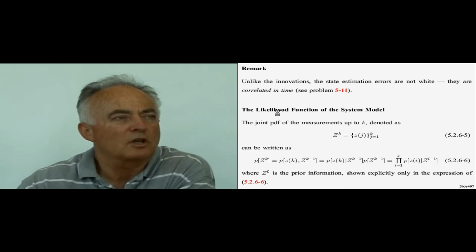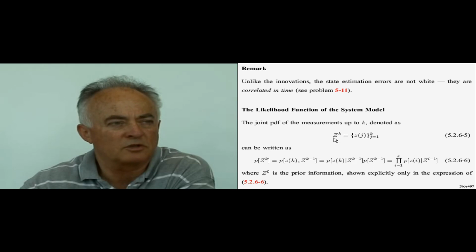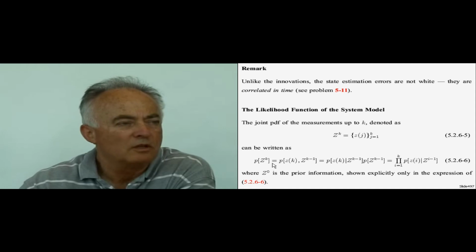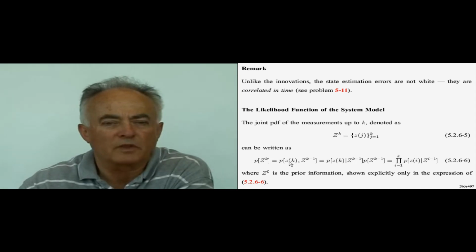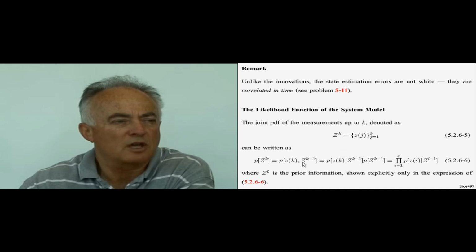Okay, the next thing would be the likelihood function of a system model. If we consider the PDF of the measurements up to time k, that's z super k, or the z_j's, j from 1 to k. This joint PDF, p of z super k, can be written down as p of the last element of this sequence, and here are the previous k minus 1 elements.